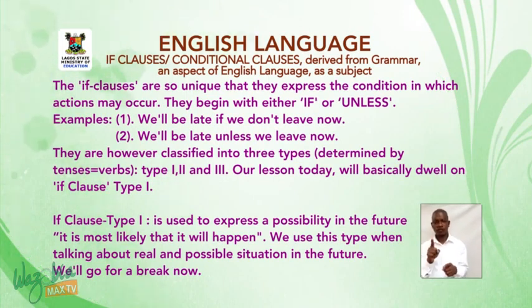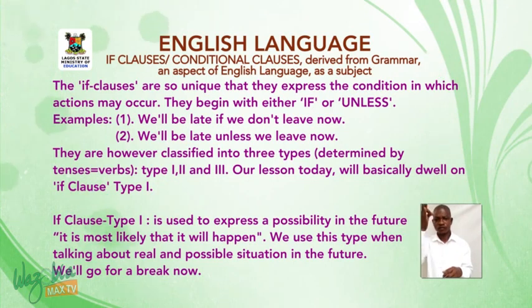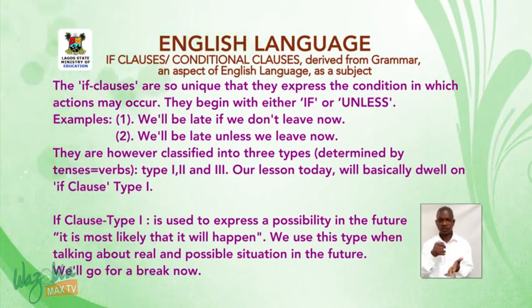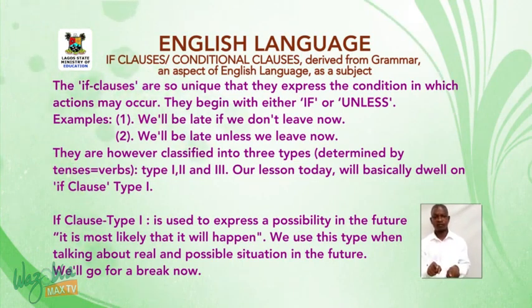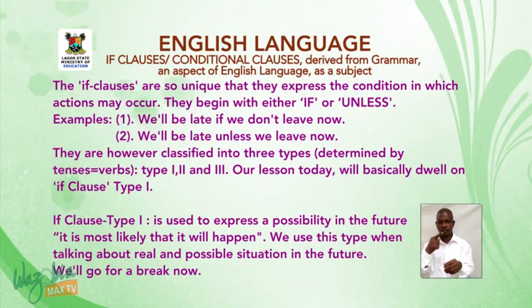If clause type 1 is used to express a possibility in the future. It is most likely that it will happen. We use this type when talking about real and possible situations in the future.